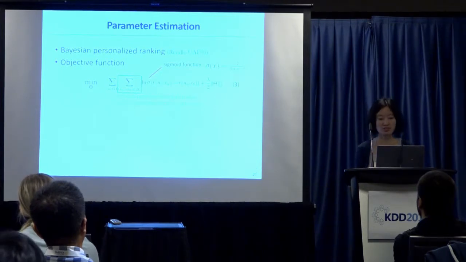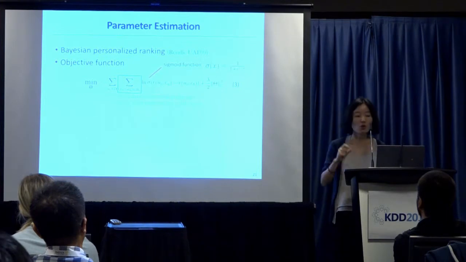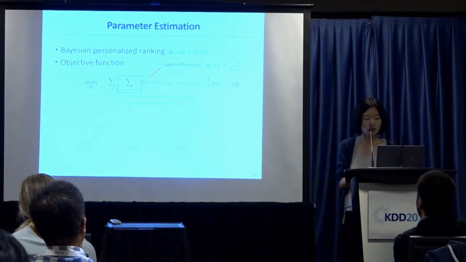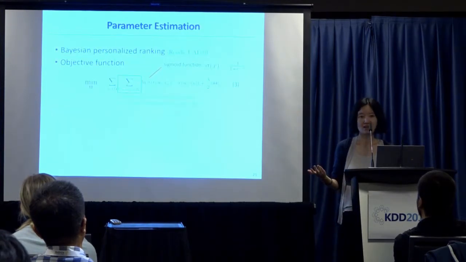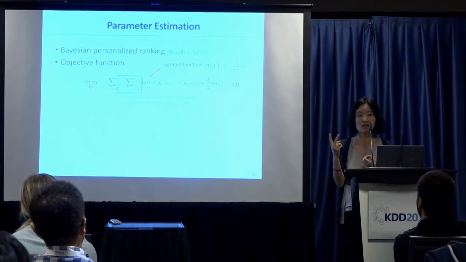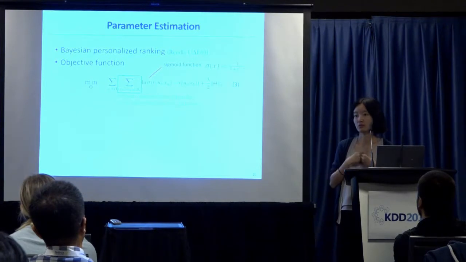So once we know the score function between a user and item, which is defined in the previous slide, then the task is easy. We just prepare those triplets. For a user, we prepare two movies, A and B. A is some movie that I have watched, and B is some movie I haven't watched.